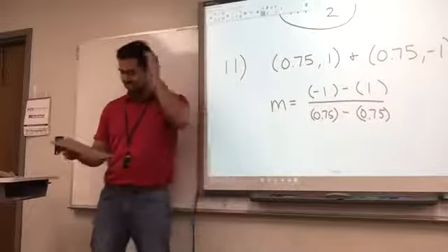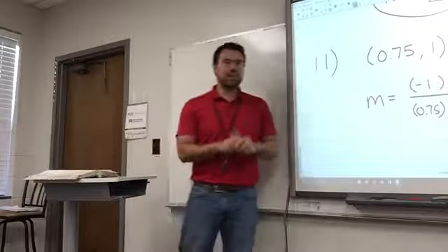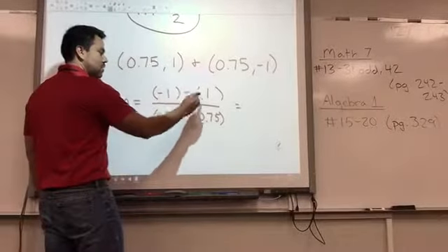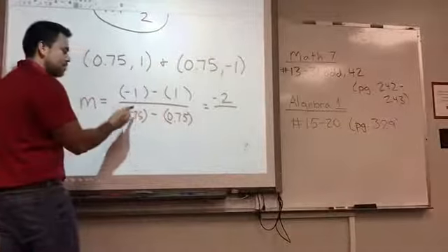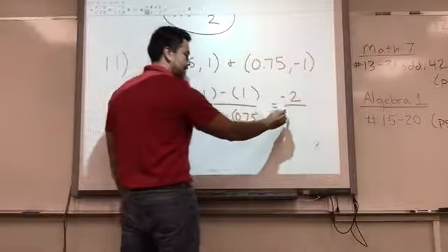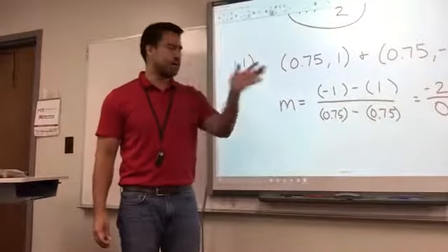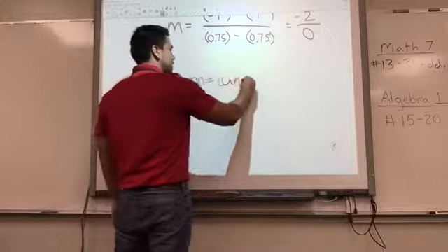All right, so what's -1 minus 1? Sorry, -1 minus 1. And what's 0.75 minus 0.75? Uh-oh. So what's the slope? Undefined. I put the slope as undefined.